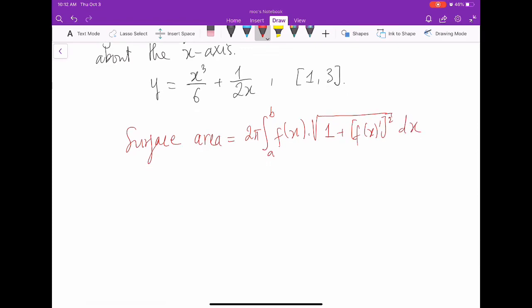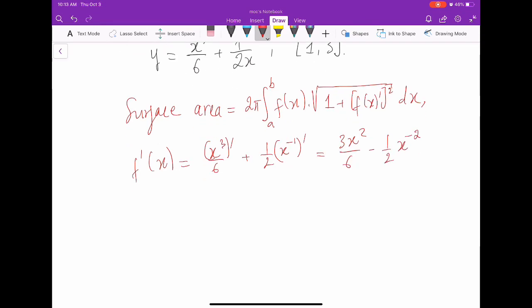Of course, we need to find the derivative. So the derivative is equal to the derivative of x cubed over 6 plus the derivative of 1 over 2 x to the -1, so that is 3x squared over 6 minus 1 over 2 x to the -2. And then that is x squared over 2 minus 1 over 2 x squared.